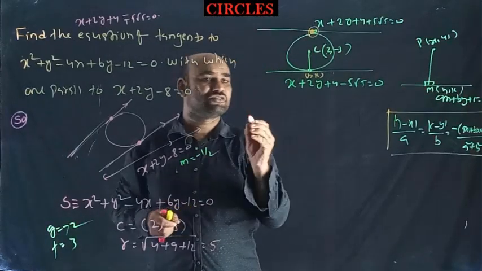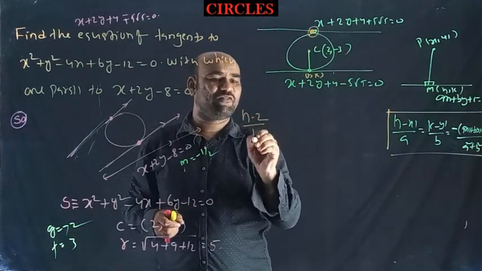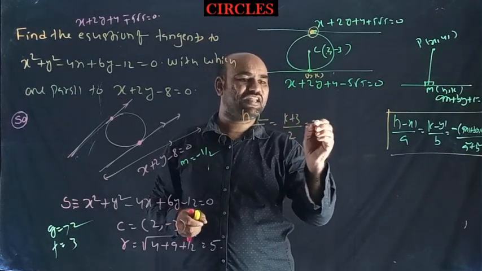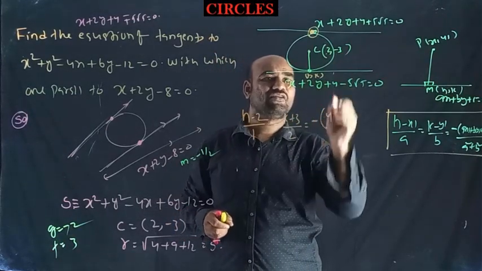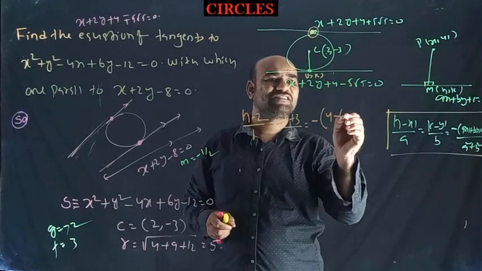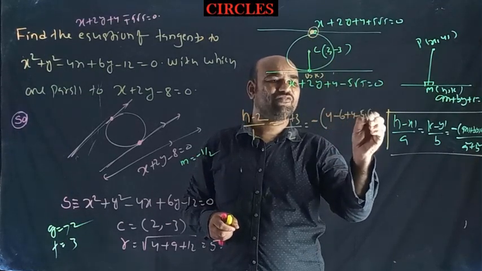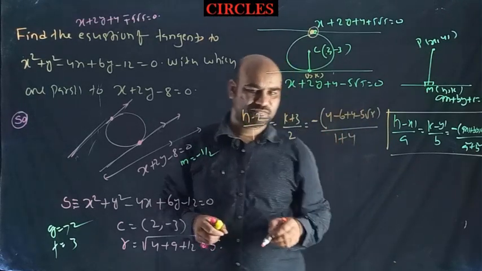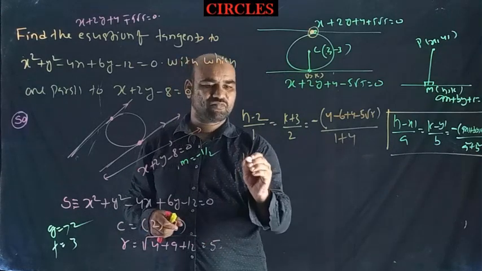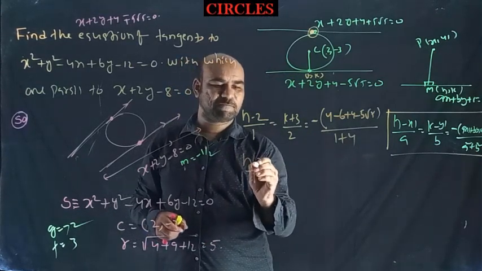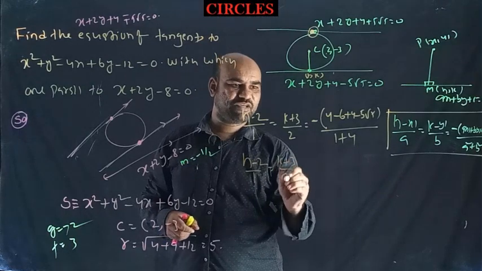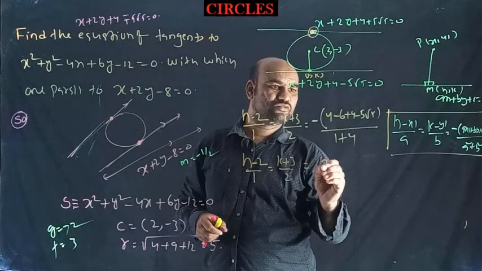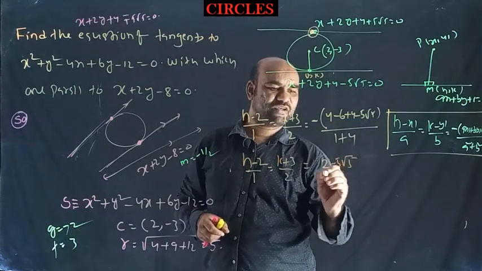Okay, so (h minus 2) by 1 equals (k plus 3) by 2 equals minus times the substitution: 4 minus 6 plus 4 minus 5 root 5, by a square means 1, b square means 2 square, 4. Okay, (h minus 2) by 1 equals (k plus 3) by 2 equals, here what happened, 2 minus 5 root 5 by 5.